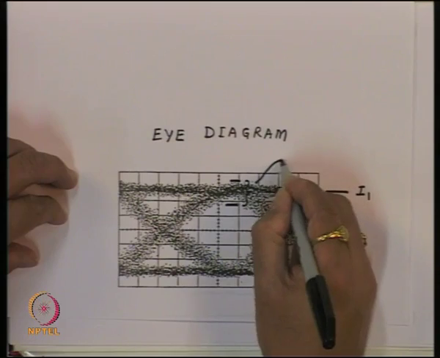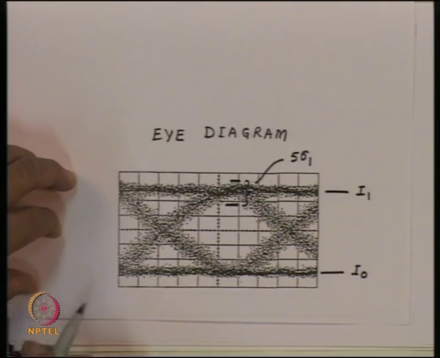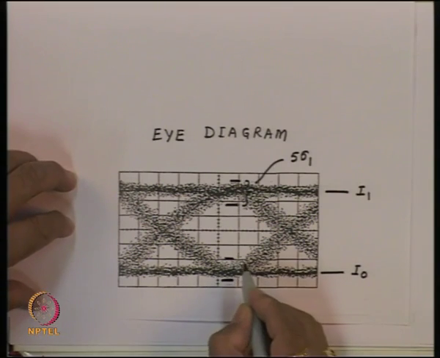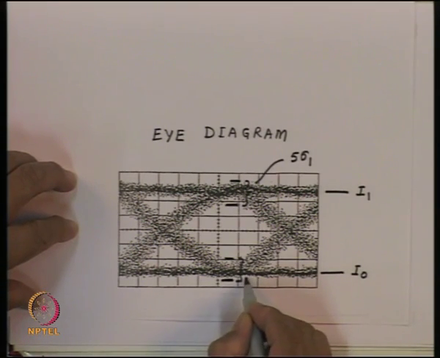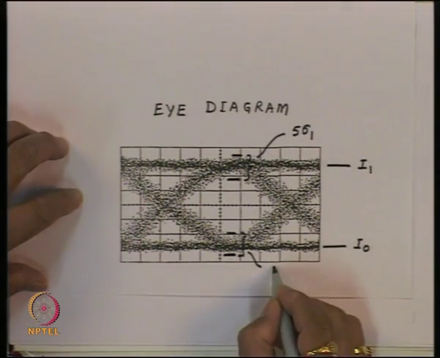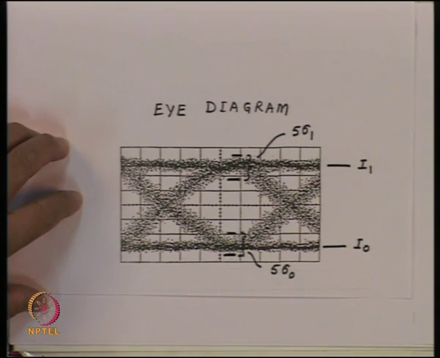So, measuring from the oscilloscope the peak to peak deviation, we can calculate the quantity sigma 1. So, we are saying that this quantity here is approximately equal to 5 times sigma 1. Similarly, if we consider the peak to peak level here, this one would correspond to 5 times sigma 0.